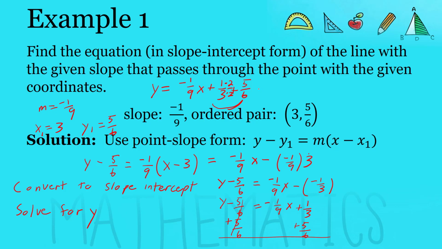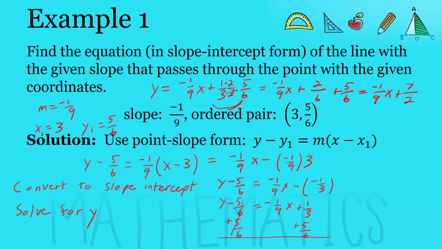And if we do that, that gives us y is equal to negative 1/9 times x plus 2/6, because 1 times 2 is 2, 3 times 2 is 6, plus 5/6, which will equal negative 1/9 times x plus 7/6.